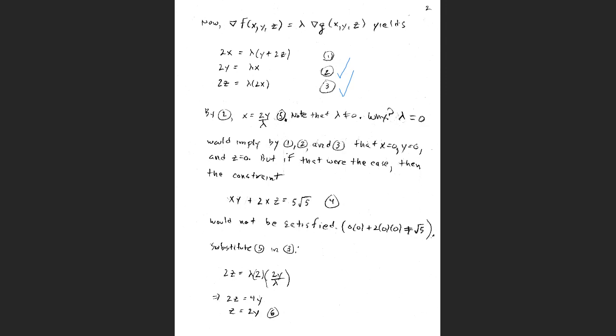So I have an expression for x and I have an expression for z. z equals 2y, and x equals 2y over lambda, that's equation 5.